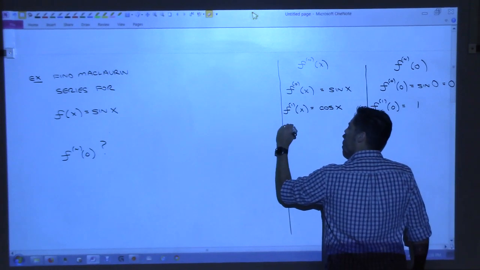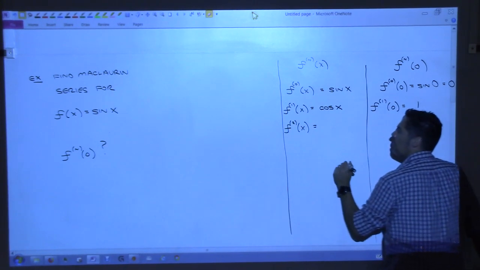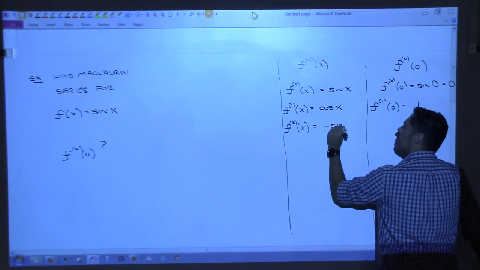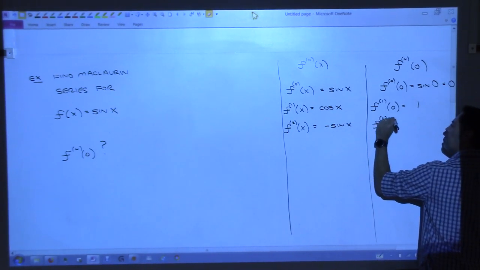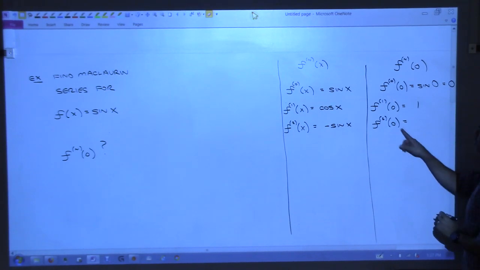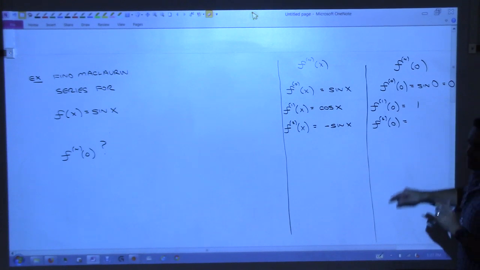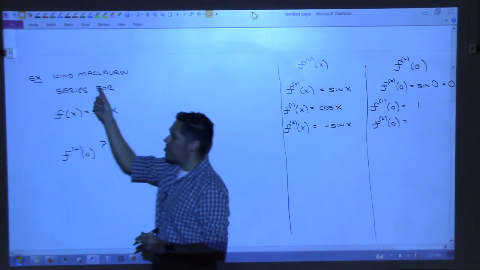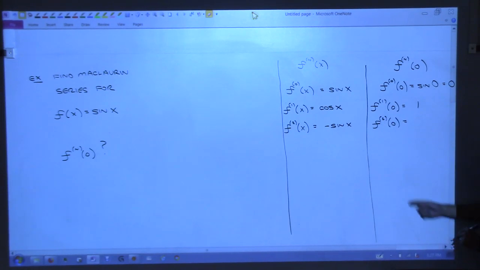All right. What's the second derivative of this function? Negative sine x. What's the second derivative of this function at 0? Why am I plugging in 0? Because it's a Maclaurin series. And for Maclaurin series, you're always plugging in 0. All right? So plug 0 into this, and we get 0 again, don't we?